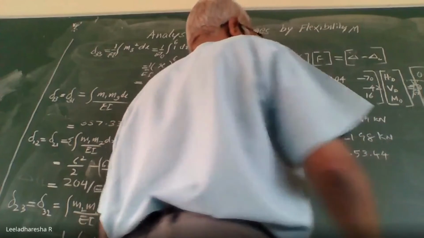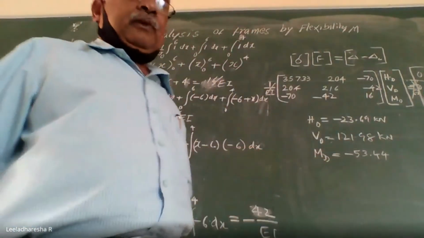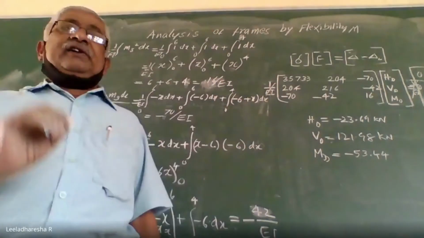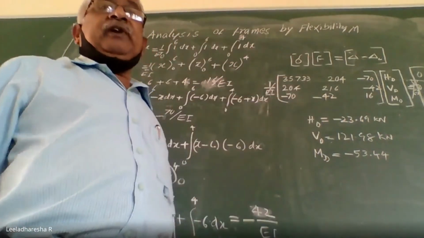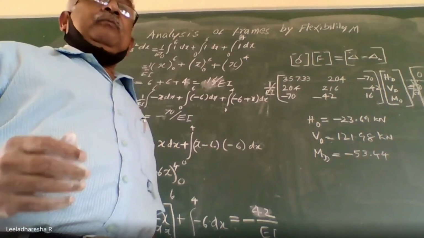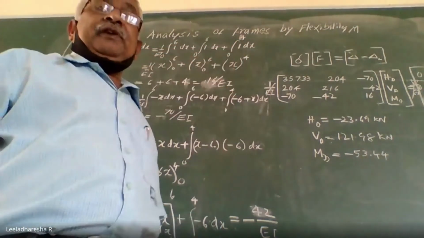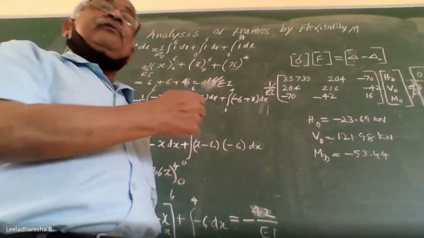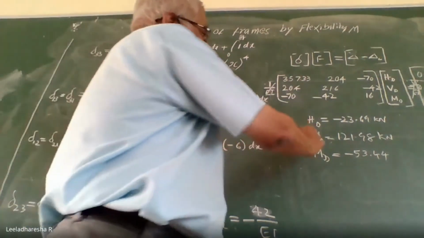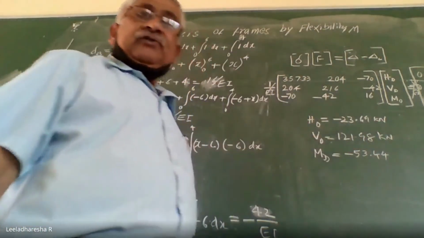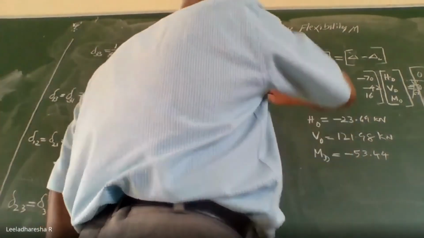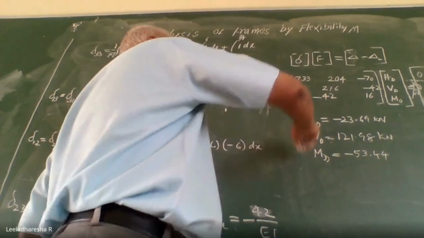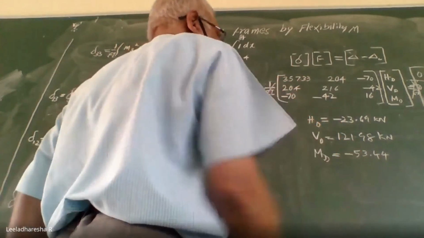What does this minus sign indicate in the answer? We have assumed certain directions. For example, horizontal reaction, we assumed it to be towards right, but we got negative, therefore it should act towards left. VD, upward reaction we assumed, we got the positive answer. MD, we assumed clockwise, but it is anti-clockwise, minus sign.